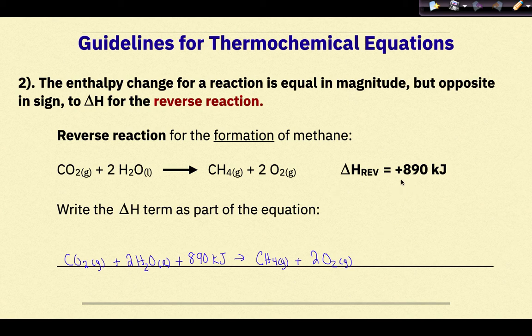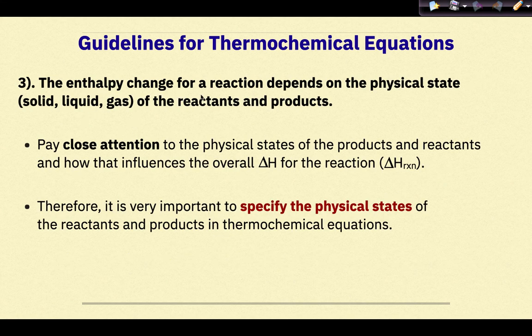So now this delta H, which is a positive value, tells us it's being absorbed from the surroundings into the system, we represent this value by putting it over on the reactant side. The enthalpy change for reaction depends on the physical state, solid, liquid, gas, of the reactants and products.